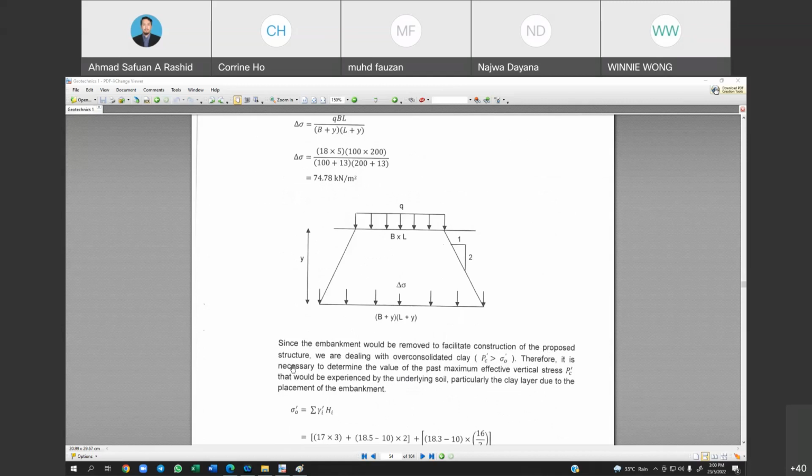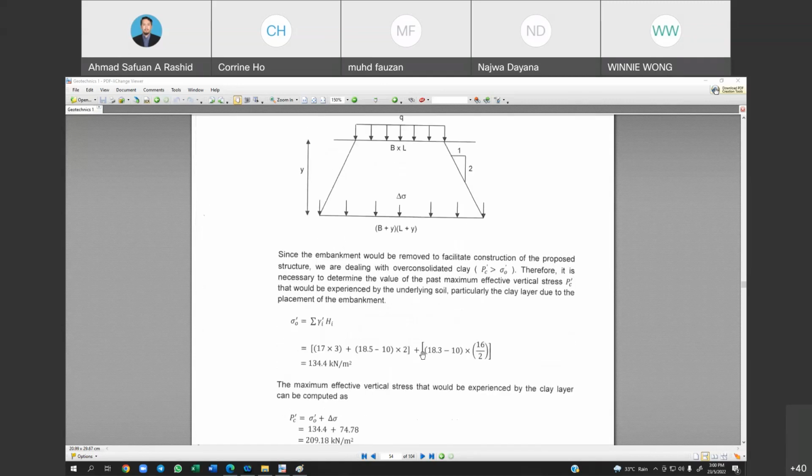Since the embankment will be removed to facilitate construction of the proposed structure, we are dealing with over consolidated clay, which is PC greater than sigma naught. Therefore, it's necessary to determine the value of the past maximum effective vertical stress PC that will be experienced by the underlying soil, particularly the clay layer, due to the placement of the embankment.